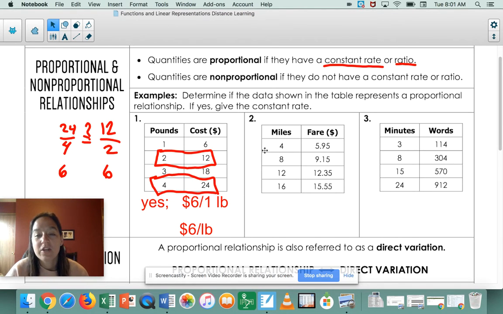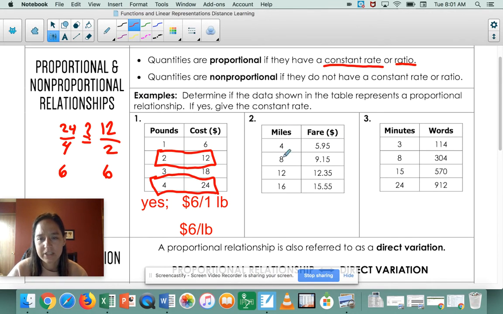Okay. Number 2, if I were to go ahead and try and put these into fractions, so let's say I want to pick this top one, so I want to do 5.95 over 4. Is that equal to 9.15 over 8?